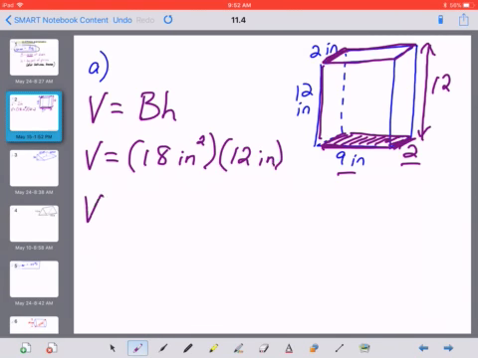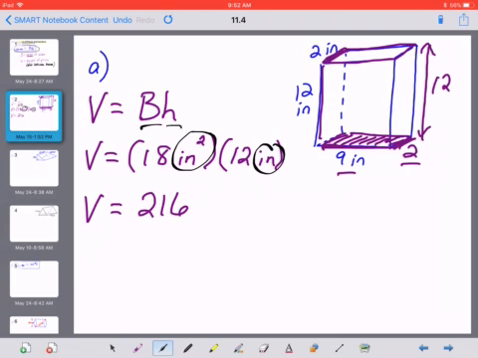And now we would go ahead and multiply those two together. And 18 times 12 is going to get us, I believe, 216. I better double check that. 18 times 12. Yeah, sure enough, it is 216. And something interesting happens with units now. We're multiplying square inches from the area of the base times inches for the height.